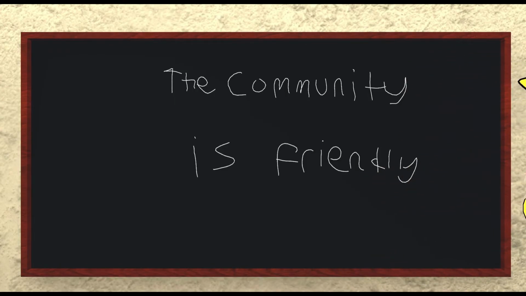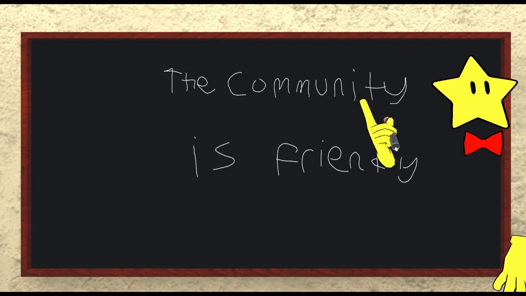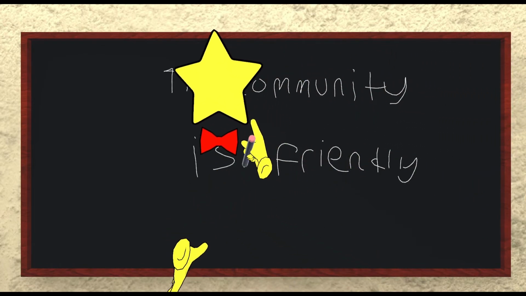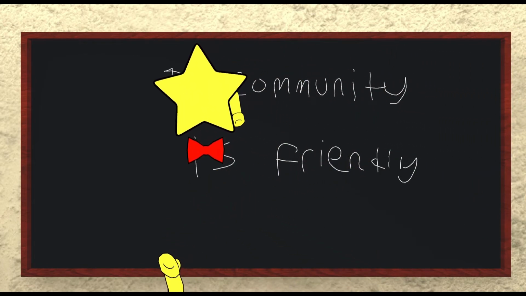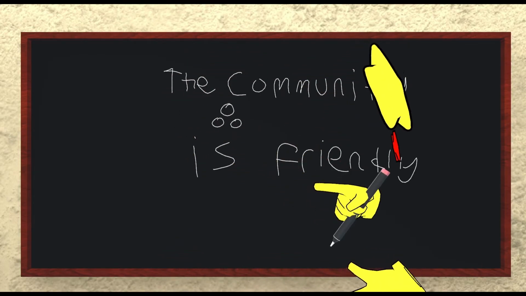The community is friendly. Well, we talked before about how the word kulupu can refer to all kinds of groups. Community is no exception. So let's go ahead and write that in. A community, that's kulupu, those three circles in a group.